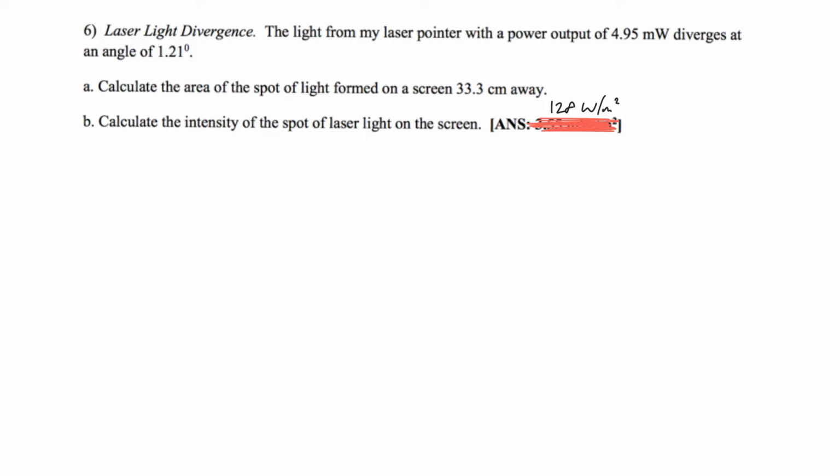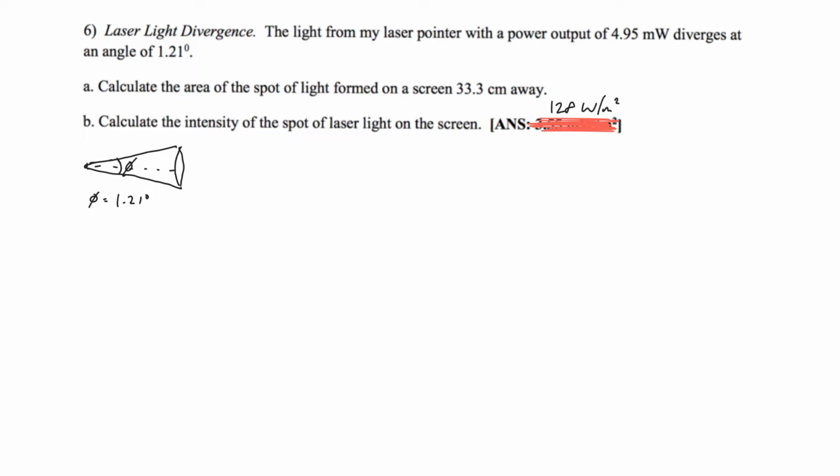So we have laser light that diverges at some angle, okay? And so if we draw a picture of this, the laser light will actually shine in this broader circle based on that divergence angle. So we're told that this divergence angle, phi, is 1.21 degrees.